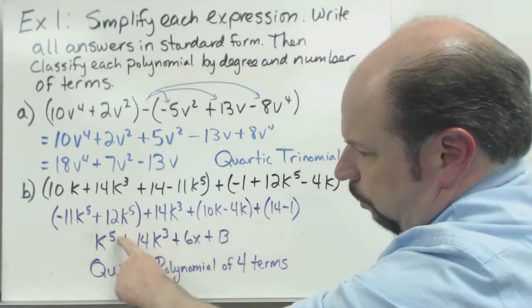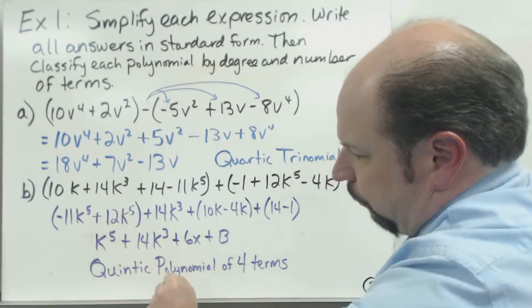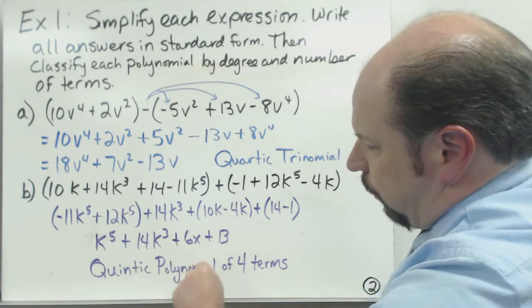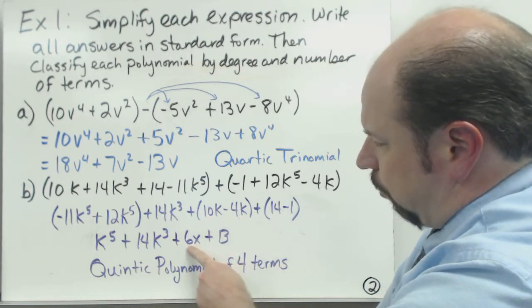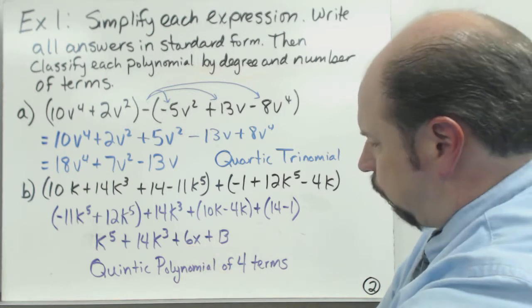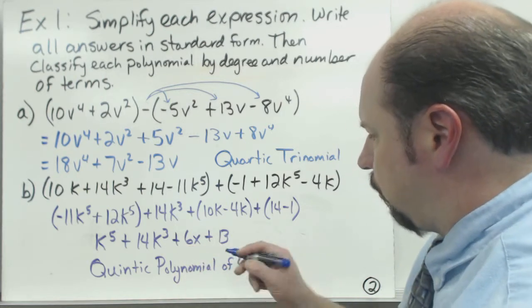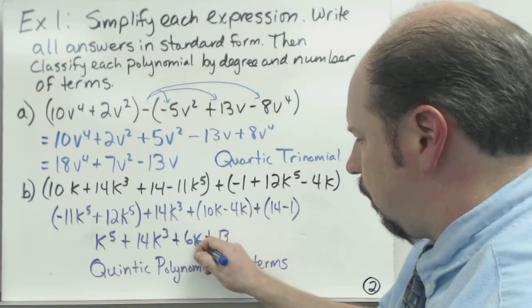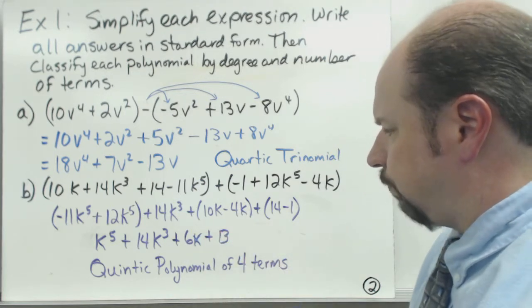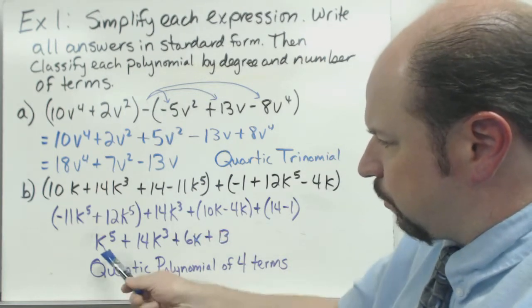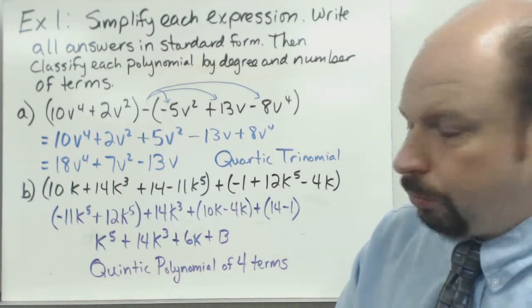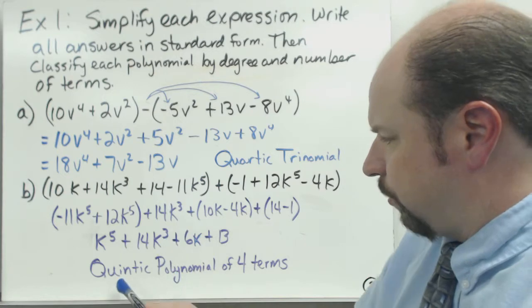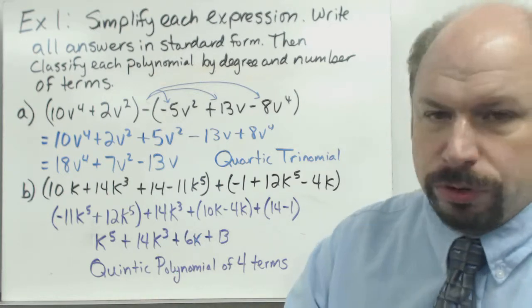Negative 11 plus 12 gives us 1k to the fifth plus 14k cubed. Here 10k minus 4k is, or I put an x there, that should be a k, 6k plus 13. Since it's to the fifth degree, it is a quintic polynomial. And there are 4 terms, so it's a quintic polynomial of 4 terms.